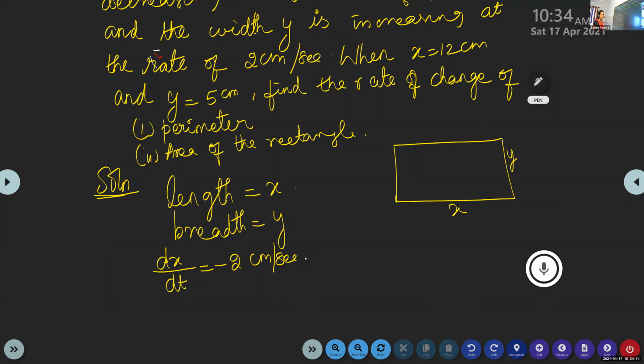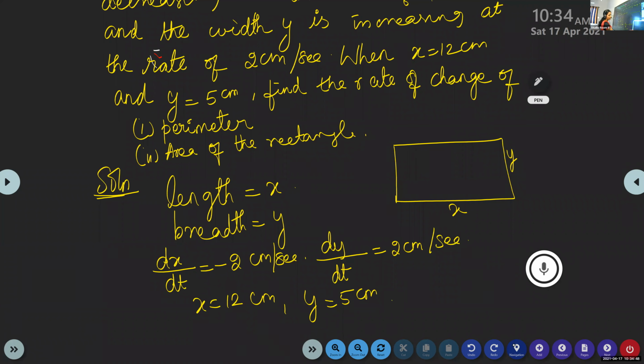Is it correct, children? And the width is increasing at the rate of 2 centimeter per second. So dy by dt is 2 centimeter per second. When x is 12 centimeter and y is 5 centimeter, find the rate of change of perimeter and the area of the rectangle.